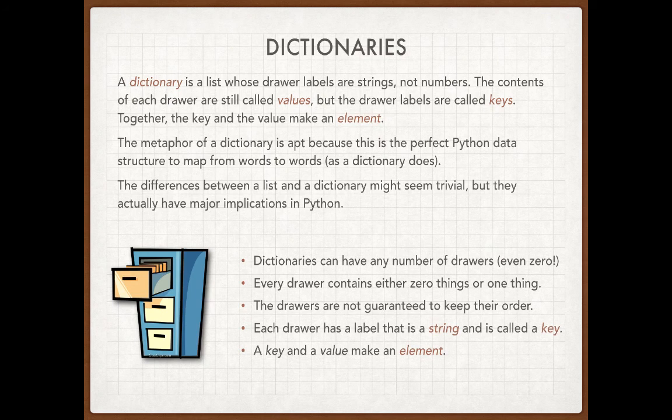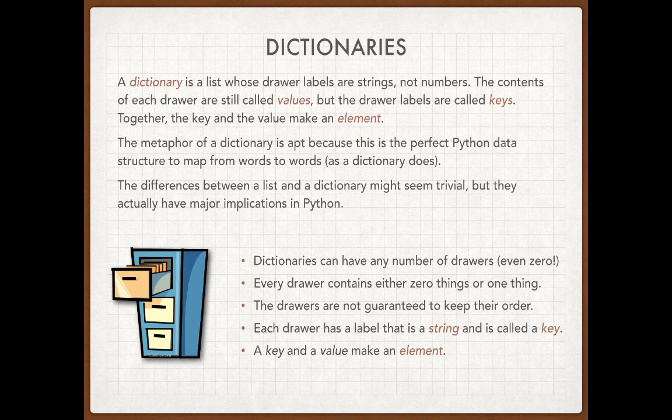This is an interesting word to use. Other languages call them different things, like Perl and Ruby call them hashes, for example. If you know data structures, you'll know why that makes sense, but I don't want to go down that path. PHP calls them associative arrays, but Python calls them dictionaries.